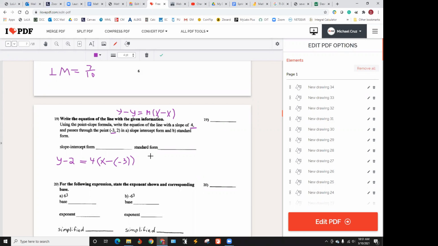So they're not giving us a whole lot of room here, so I'm going to have to write small. This is the first problem we run into on this one. So it's plus 3. So that's going to be y minus 2.